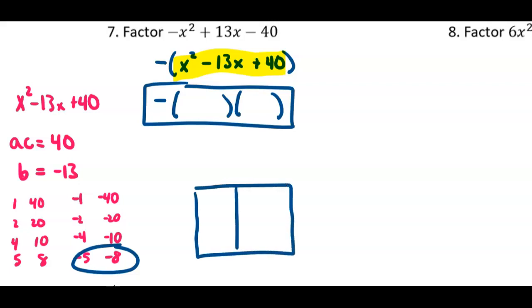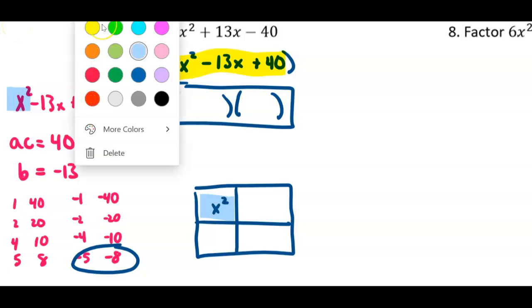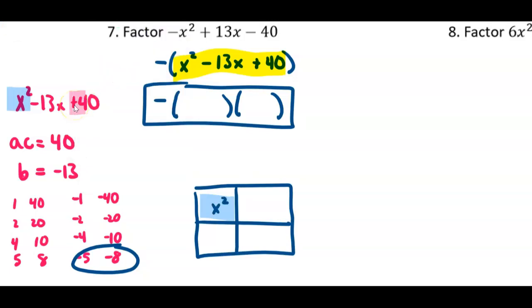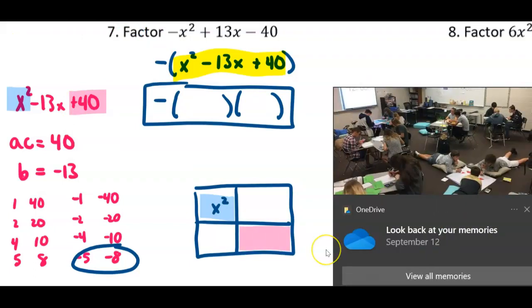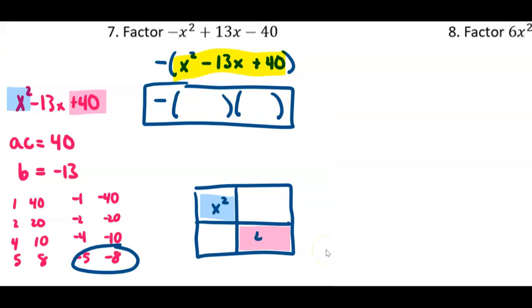So we're going to make our box. Okay, the first corner of our box is right here. It's x squared. The bottom right corner of our box is right here. It's 40. Sorry about that. And let's see here.